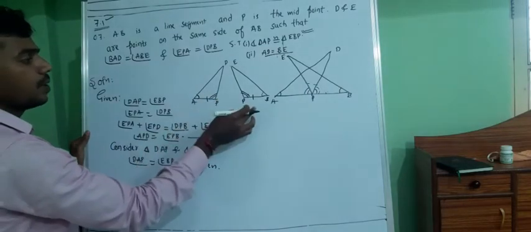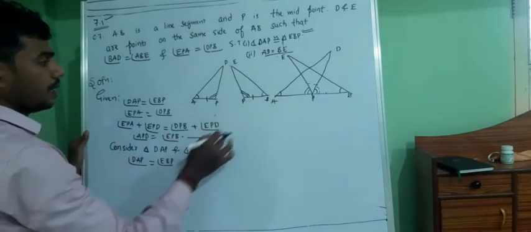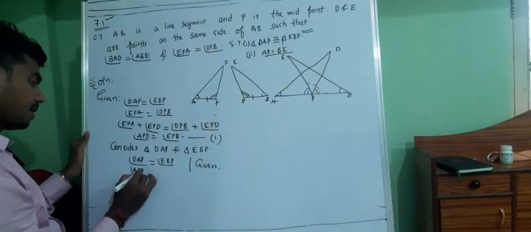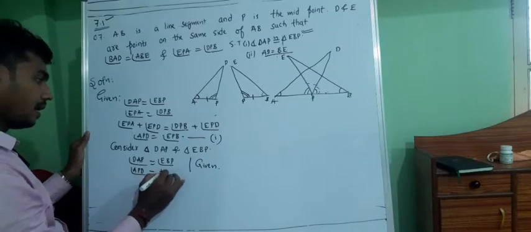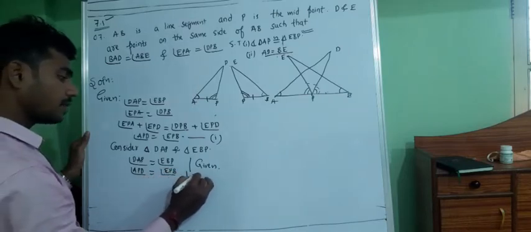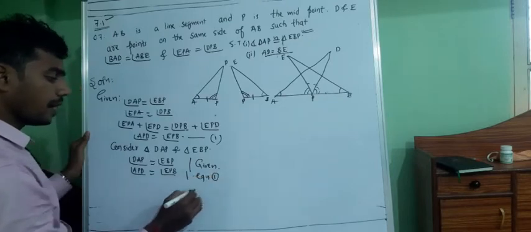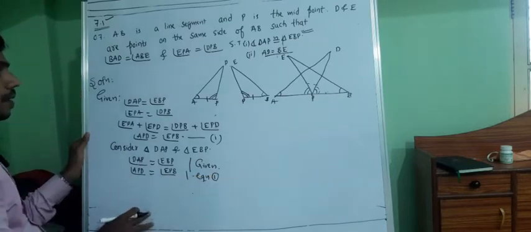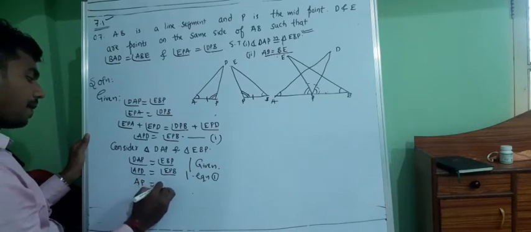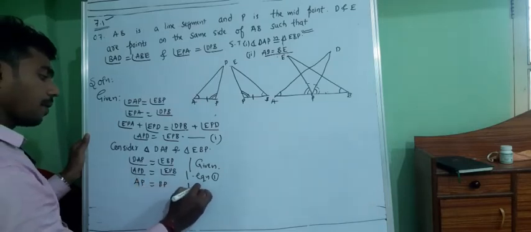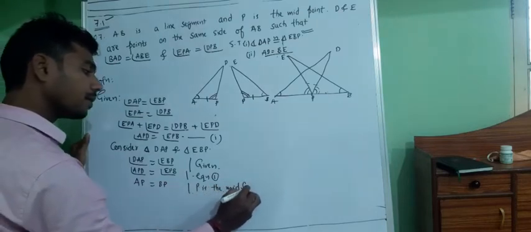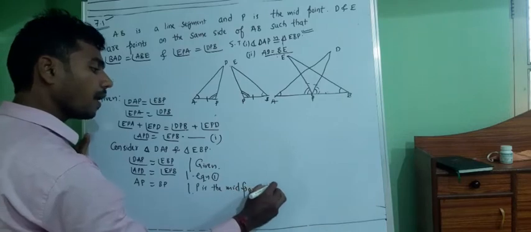Angle APD is equal to angle EPB. This is from equation 1. Fine. Next, AP is equal to BP because P is the midpoint of AB.